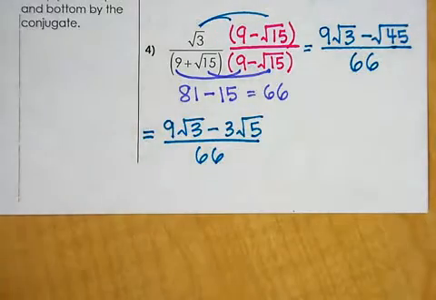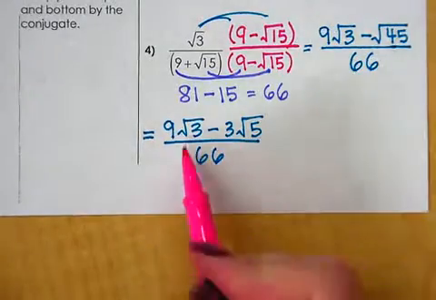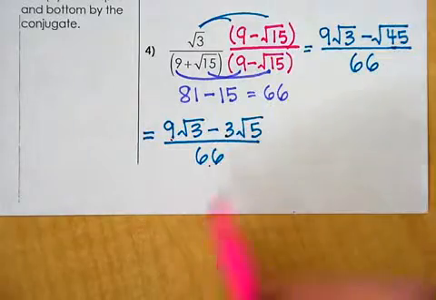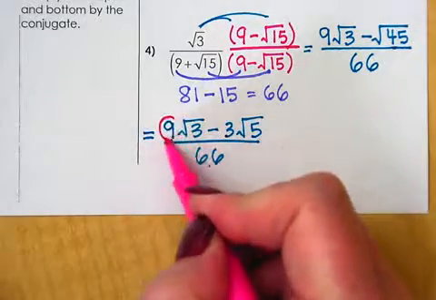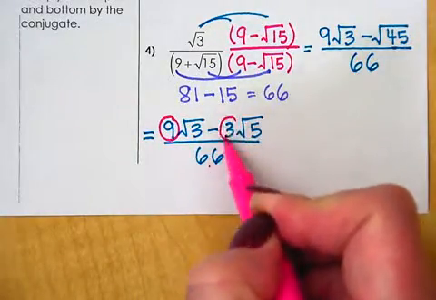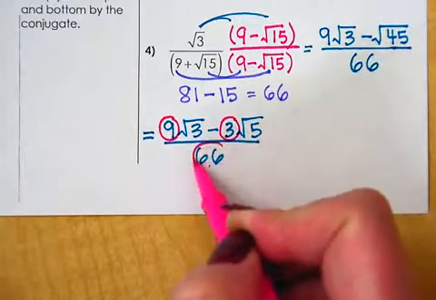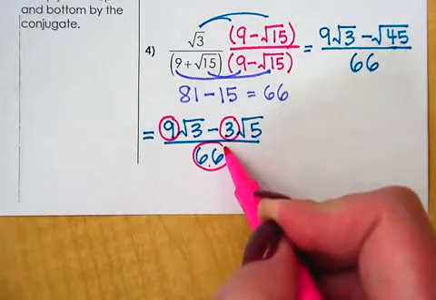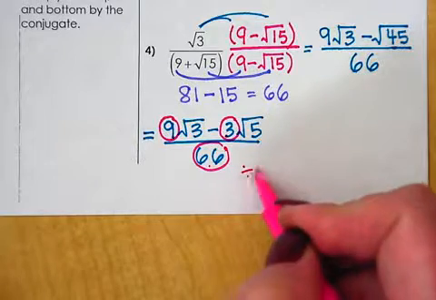And I can still take this one more step. And this is like when we were doing quadratic formula. We had 2 terms on top and then the term on the bottom. We noticed that these coefficients, the 9 and the 3 and the 66, all have a common factor. They can all be divided by 3.